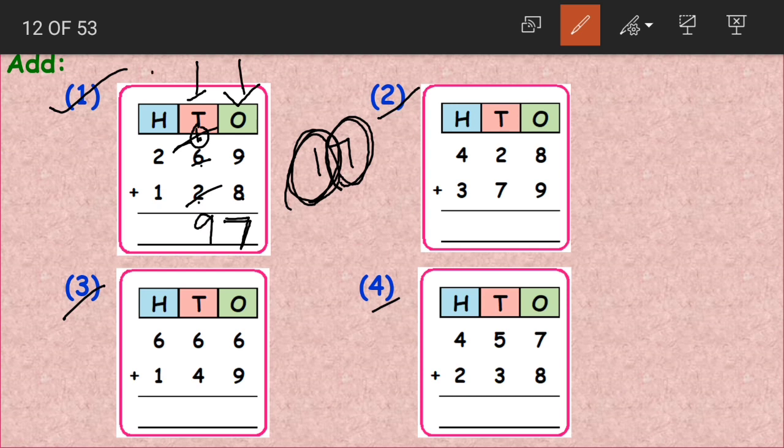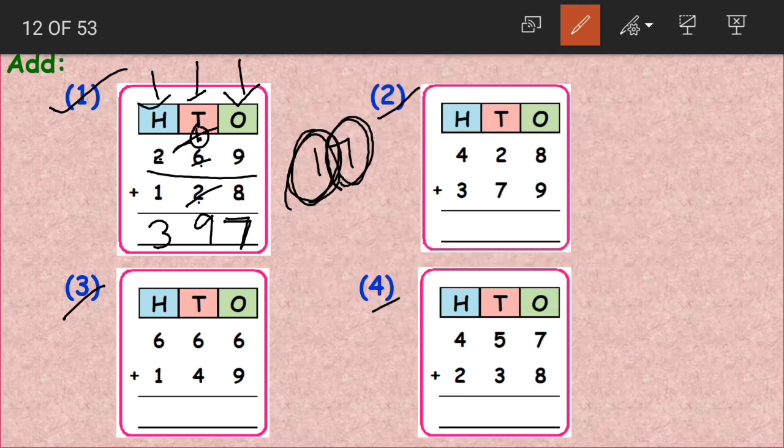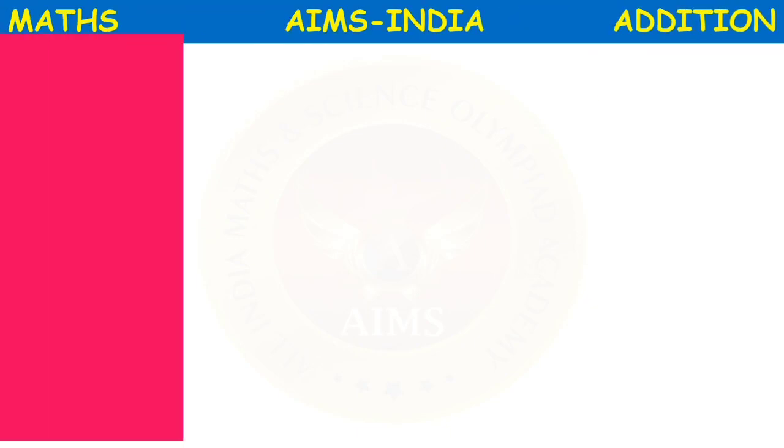Yes children. Now lastly in the hundreds place we have 2 plus 1. 2 plus 1 becomes 3. So the sum of 269 and 128 is 397. Clear children? Okay. The remaining 3 questions are for your homework.